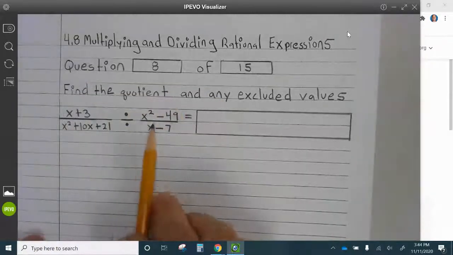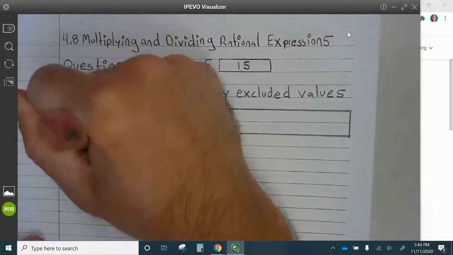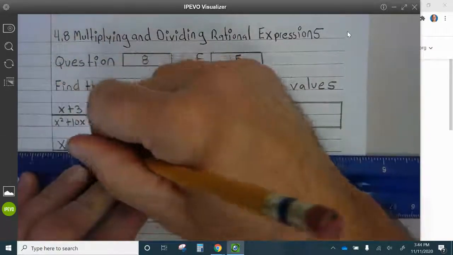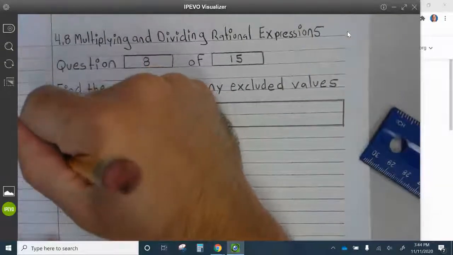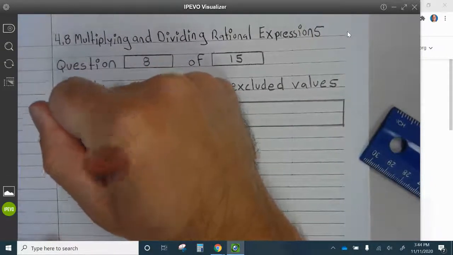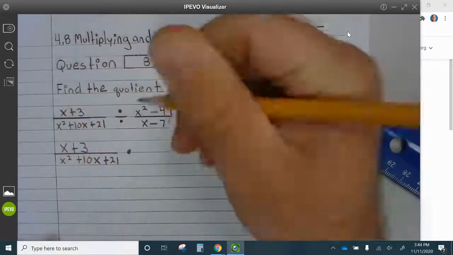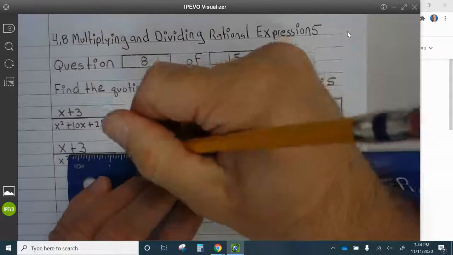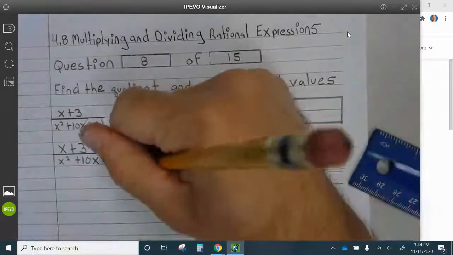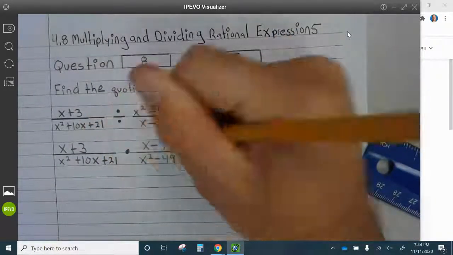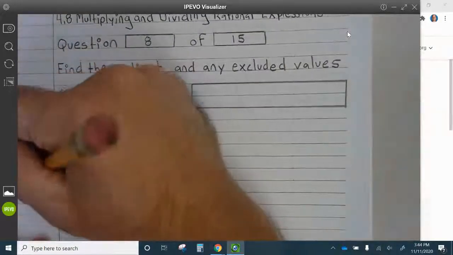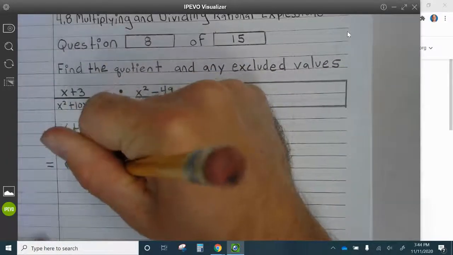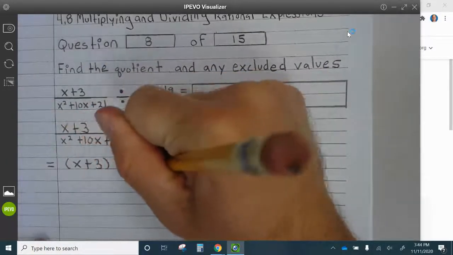So again, we need to multiply by the reciprocal, so that's x plus 3 divided by x squared plus 10x plus 21 times x minus 7 divided by x squared minus 49. Okay, now we need to factor the numerator and denominator. There's nothing to do with the x plus 3, there's nothing to do with the x minus 7.